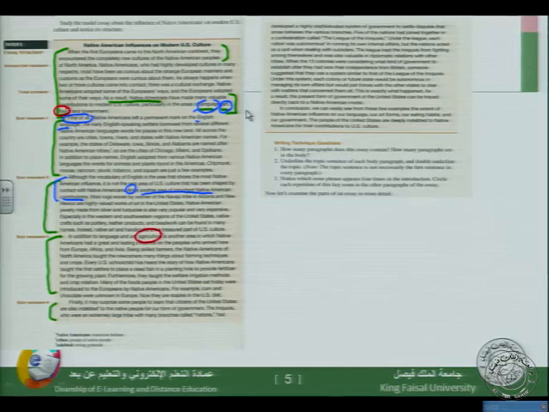So, agriculture. Look at "in addition to." It's also a transition word. "Although" is also a transition word. This is how you move smoothly from one body paragraph to another body paragraph.